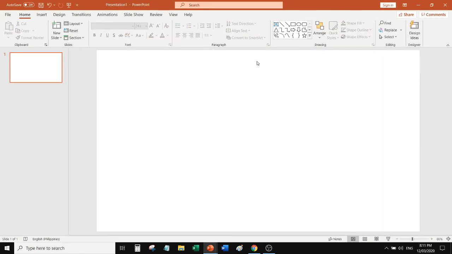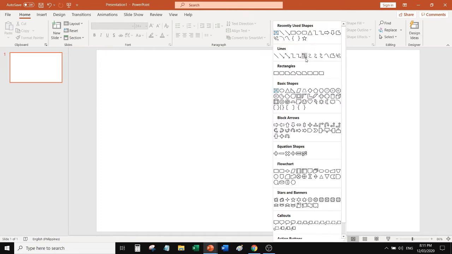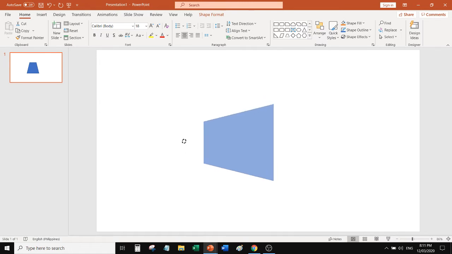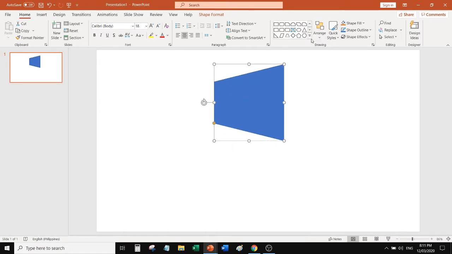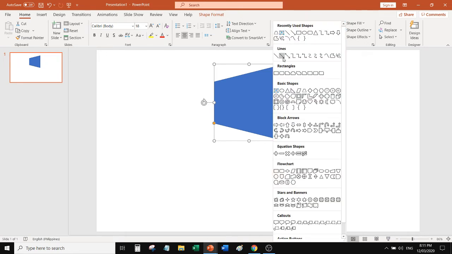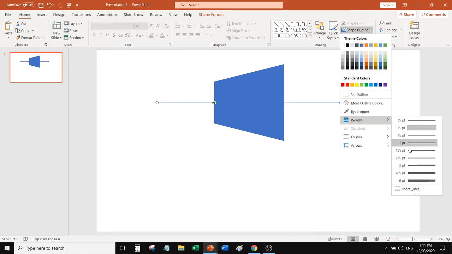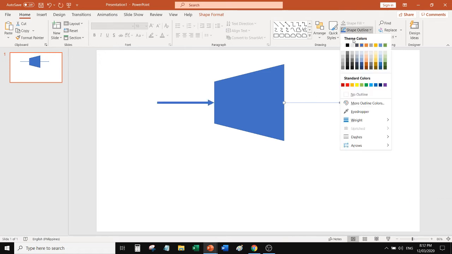Let's start by drawing the problem. What is the shape of the turbine here in PowerPoint? Okay, there. We have a turbine. Then arrows: inlet, and then outlet.